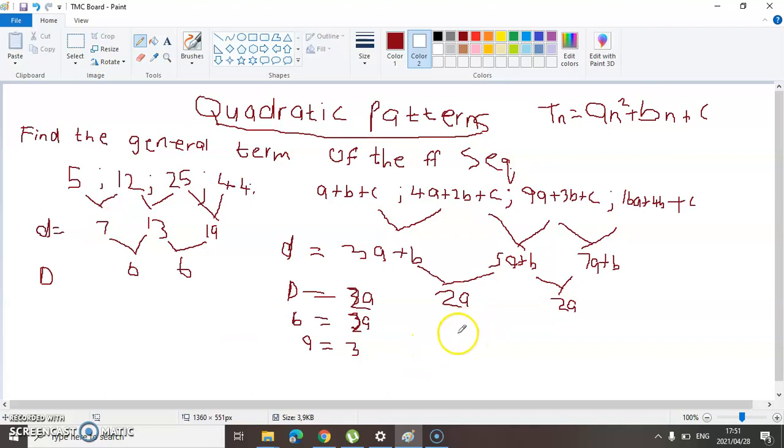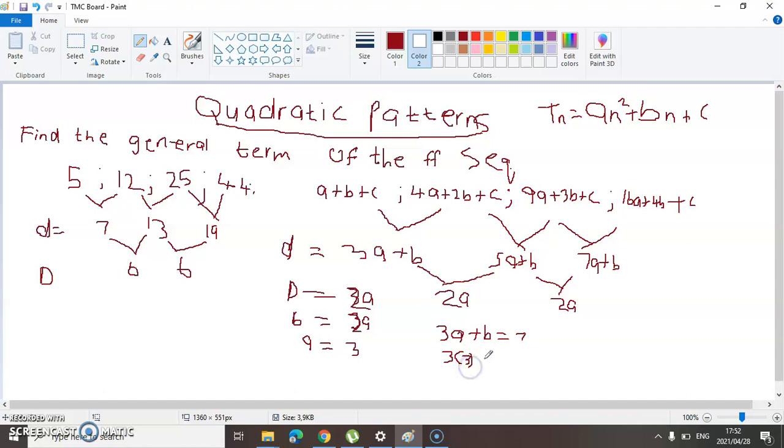So you're going to say 3a plus b, which is its first difference in terms of the general pattern, is equal to 7. And then we already know that our a is 3.